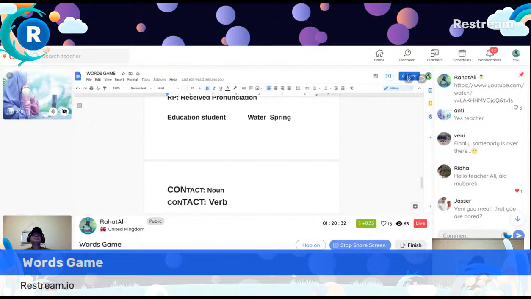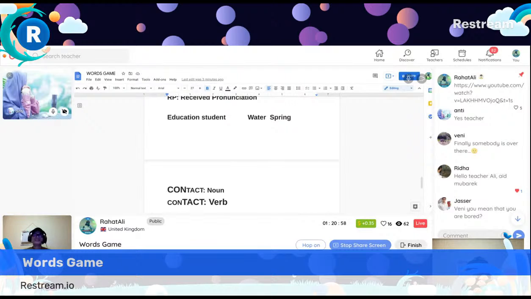For the noun, the intonation always comes higher to lower, or rising to falling, like contact. It's going up and down. Like, may I have your contact number, please? Do not say, may I have your contact number, please?